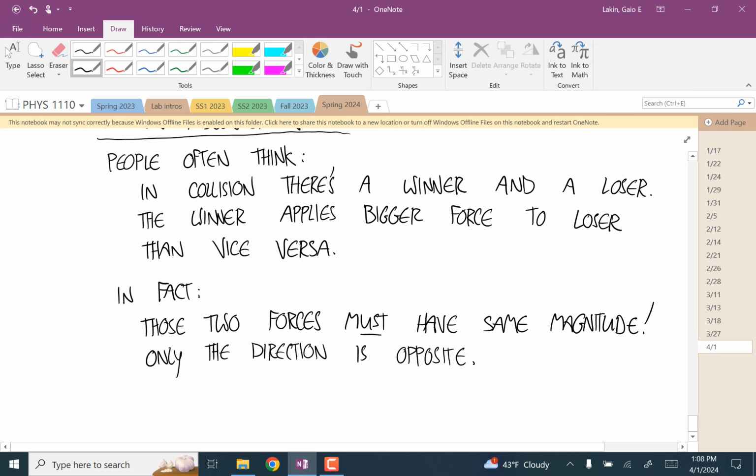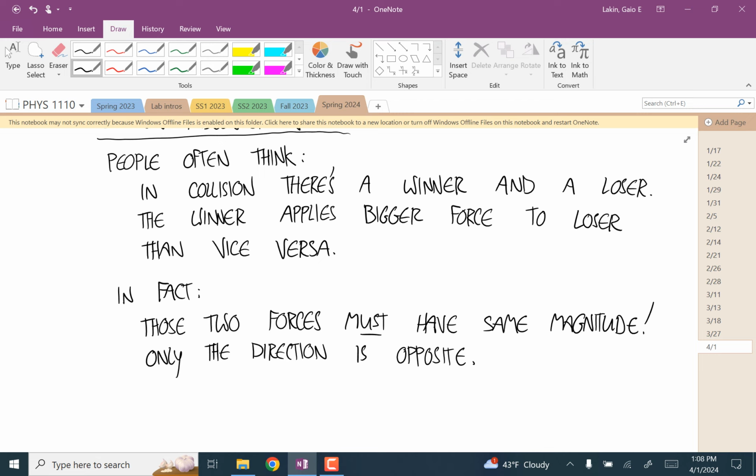Okay, so think about a case where this feels like it doesn't make much sense. Imagine a professional baseball player hitting a home run ball, and imagine the collision between the ball and the bat. There's no doubt that the bat is the winner of that collision and the ball is the loser. You never see the bat fly over the fence and the ball stay where it is.